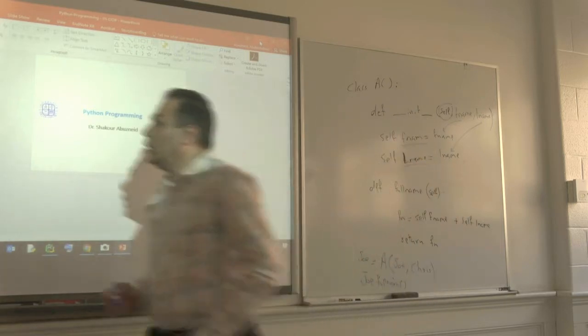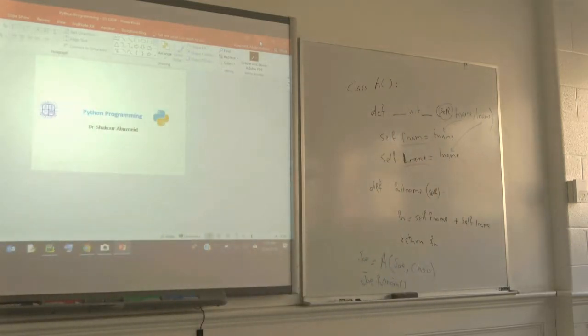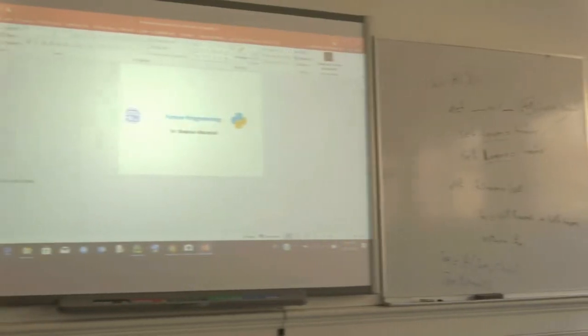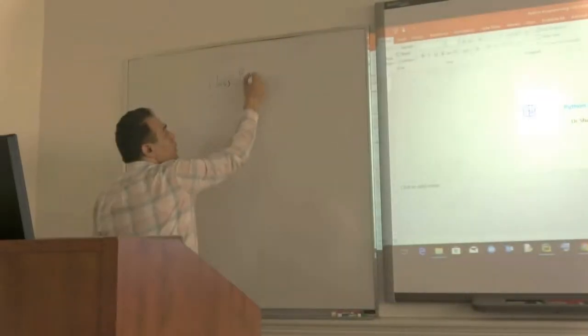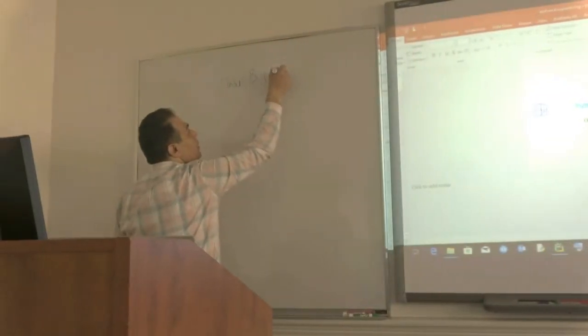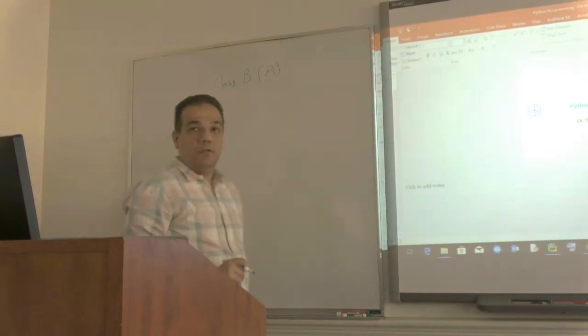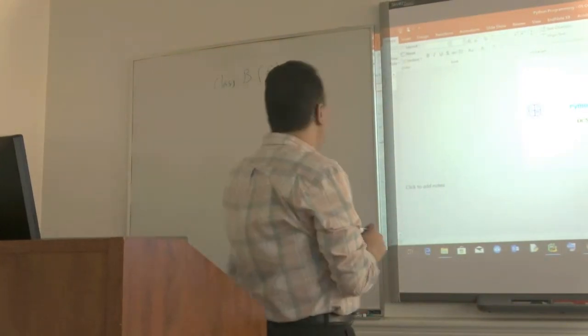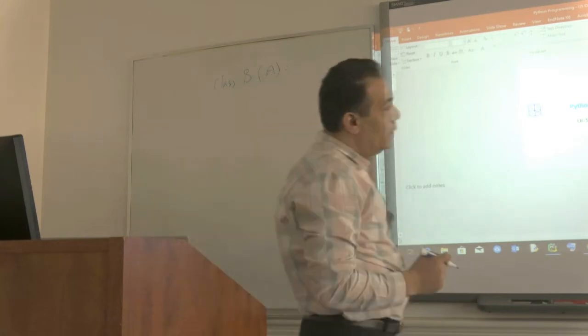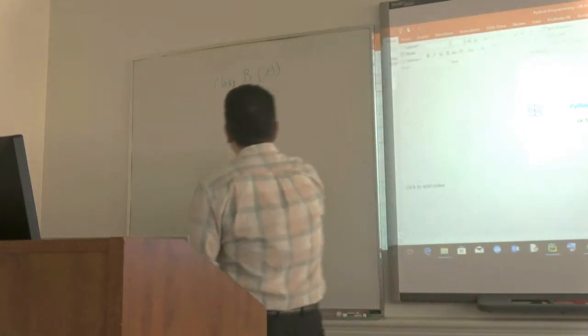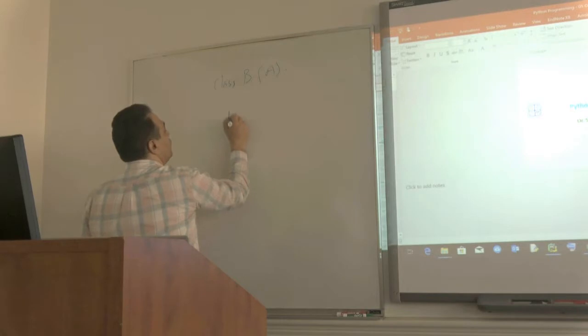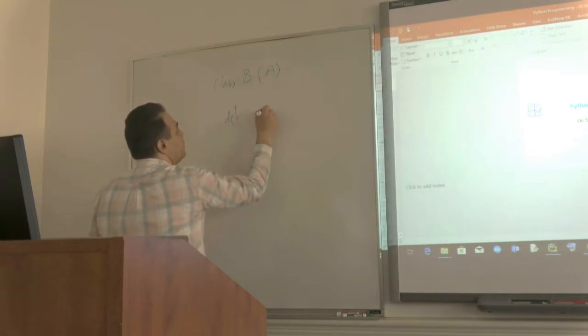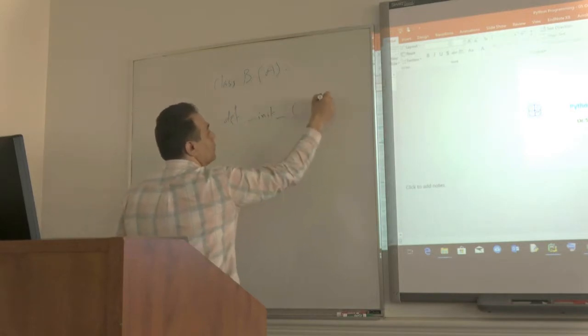I could also create another class. Let's go here. So I could have another class called class B, inherited from A. All right, and I could create the init constructor, def init. Okay.